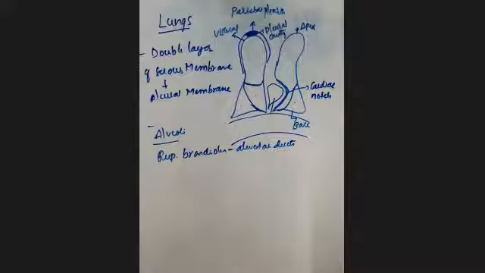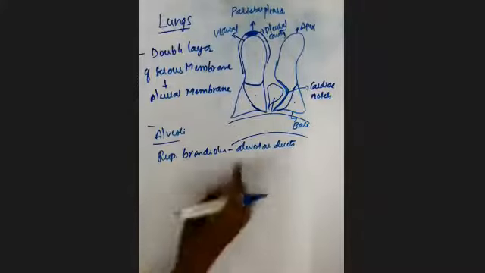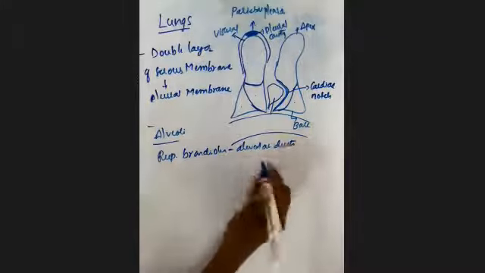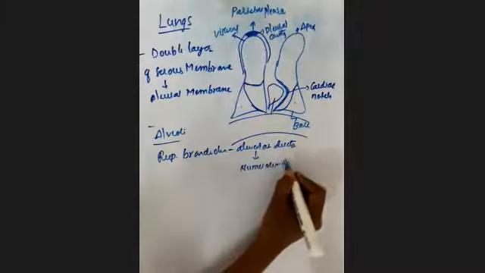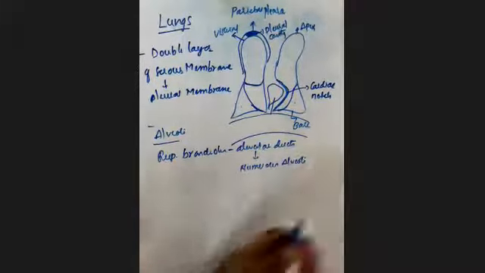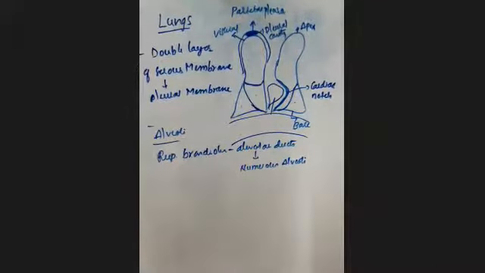Around these alveolar ducts, numerous alveoli and sacs will be present. The alveolus is one of the many sacs attached to the alveolar duct.